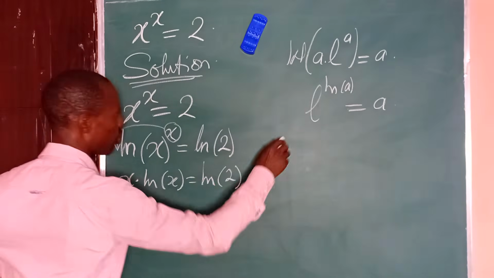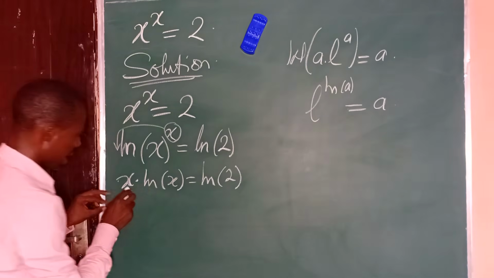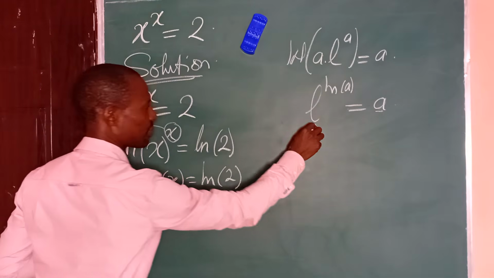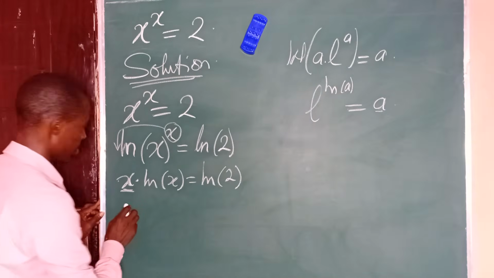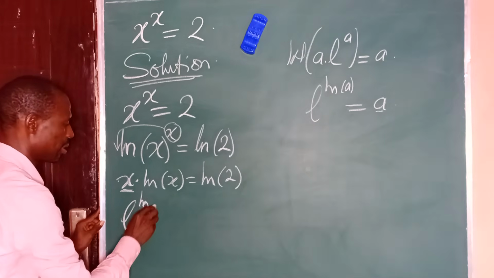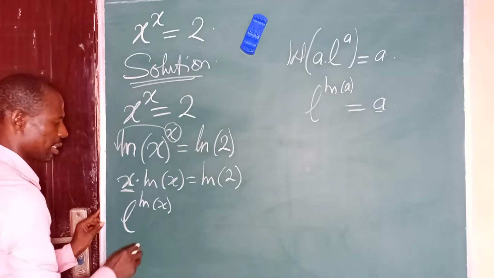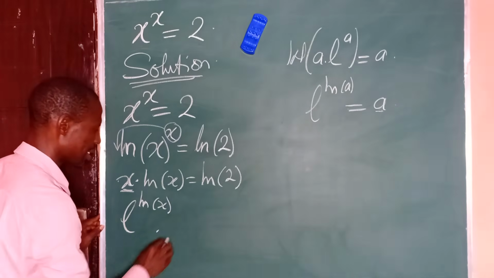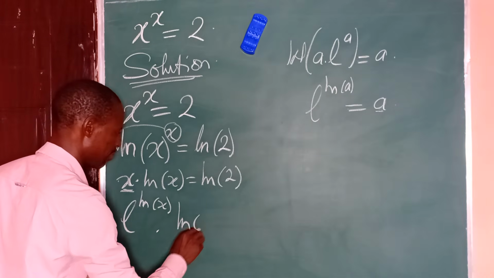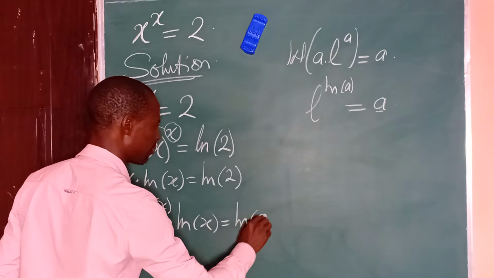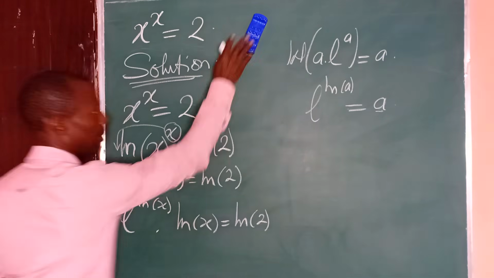And so we are going to rewrite what we have here, this x, from this format to this format. We are going to have e to the ln of x, which is still the same thing as x here, then times the ln of x, equal to the ln of 2, right?